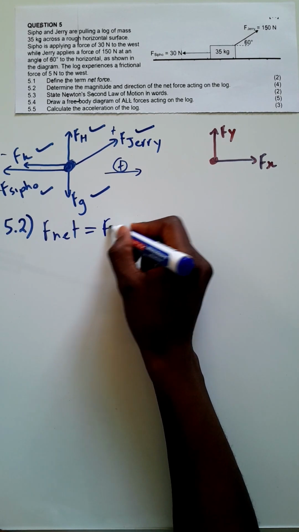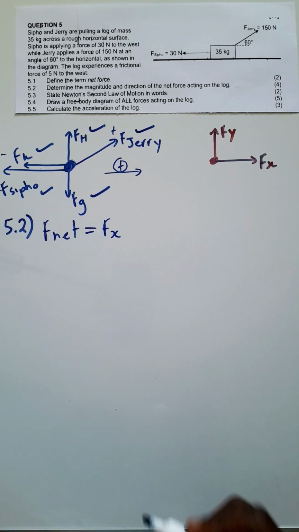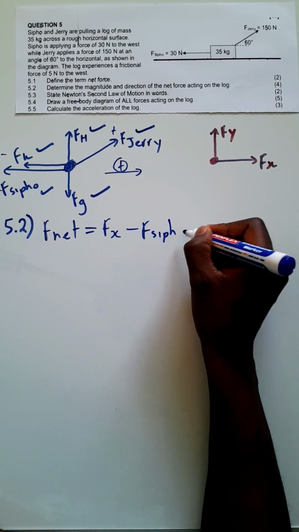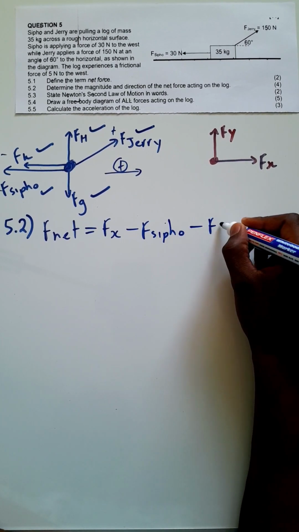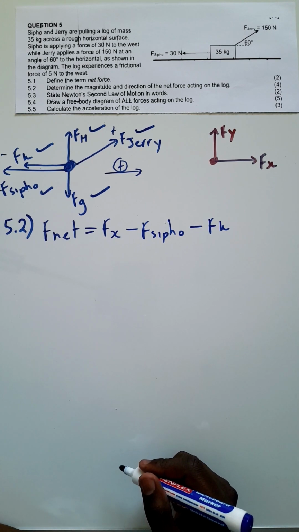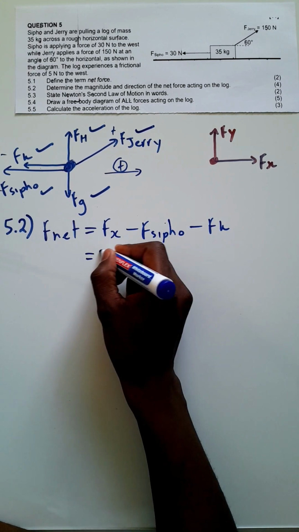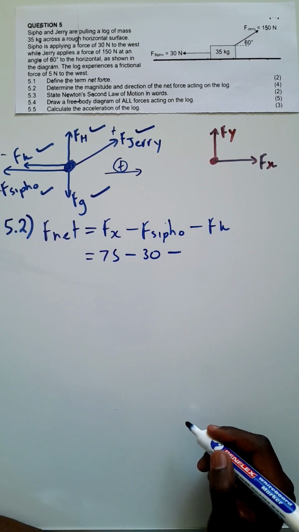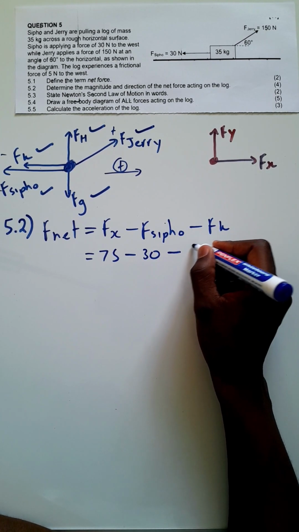It is his horizontal component, a horizontal component of Jerry's force minus Sipo's force to the left, minus the frictional force that is also to the left there. We have calculated that the horizontal component of Jerry's force to be 75, minus Sipo's force is 30, and we are told that the frictional force is 5 newtons towards the west there.